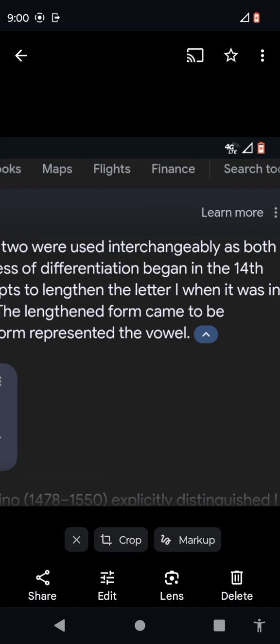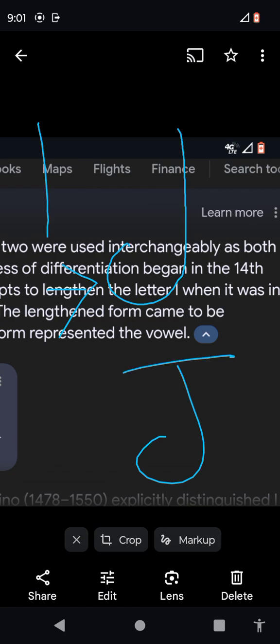So, in other words, the long form, people of old times used to embellish their letters. This was an I. This letter, with the embellishment of the curly Q tail, became our J. And this one is our I. This is the vowel and this is the consonant.